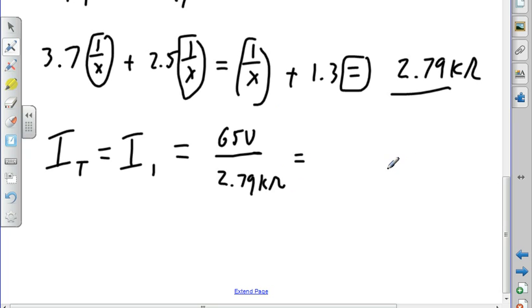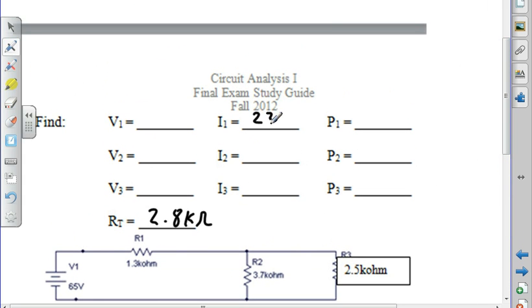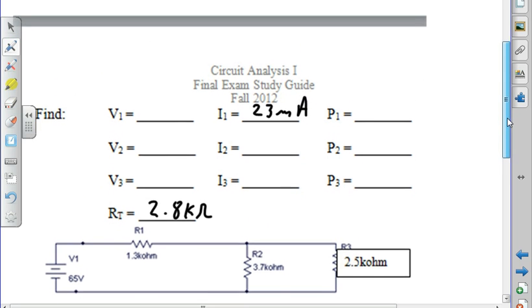Alright, and I know my answer is going to be in milliamps because I have a K on the bottom. So I'm going to go 1 over times 65, and I have 23.3 milliamps. So I'll come up here and write 23 milliamps because I only have two significant digits.